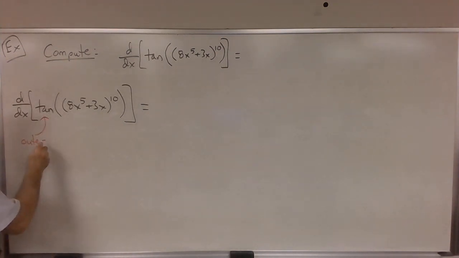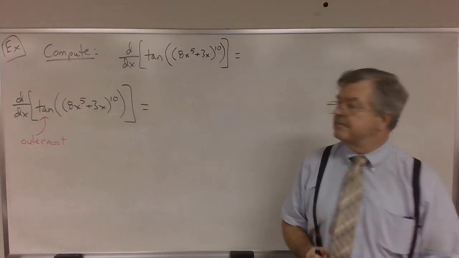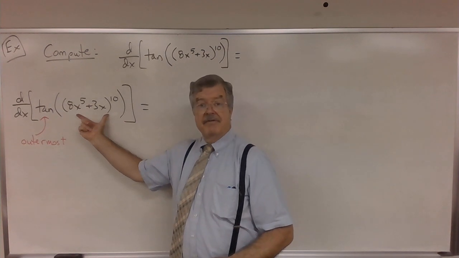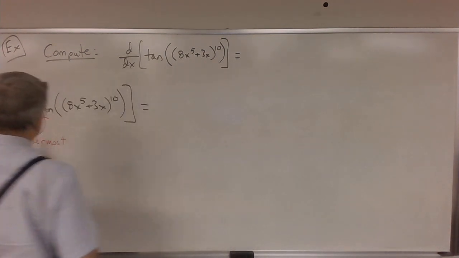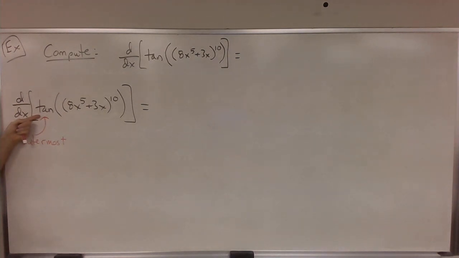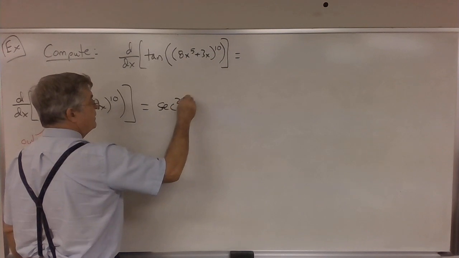But I'll call tangent the outermost function. And we compute the derivative of the outermost function, evaluated at everything inside. So, the derivative of tangent of something is secant squared of something.